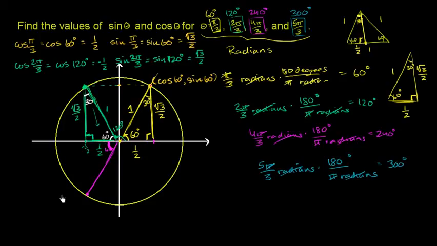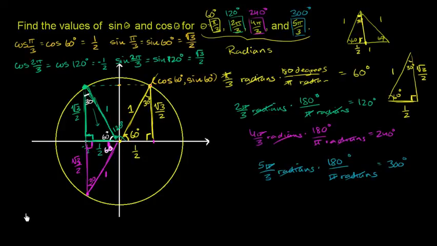Let's figure out where it intersects the unit circle. You draw a triangle, and once again, we are left with a 30, 60, 90 triangle. So based on that, we already know this. We've done this so many times. This length is 1, this length is square root of 3 over 2, and this length is 1/2.